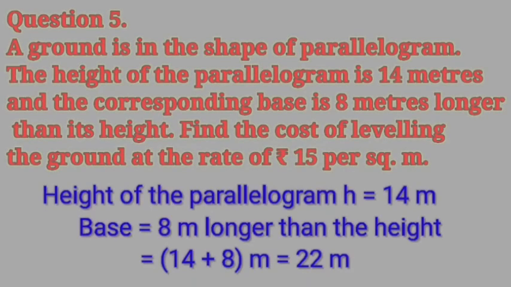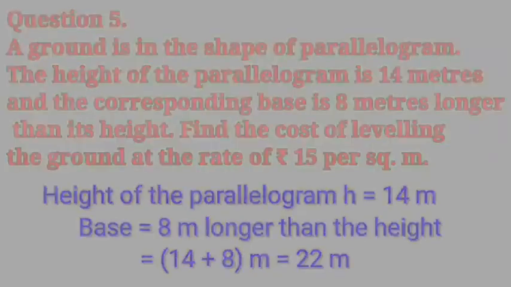A ground is in the shape of a parallelogram. The height of the parallelogram is 14 meters and the corresponding base is 8 meters longer than the height. Find the cost of leveling the ground at the rate of ₹15 per square meter. According to the problem, the height of the parallelogram is equal to 14 meter and the base is 8 meter longer than the height, which is equal to 14 plus 8 is equal to 22 meter.